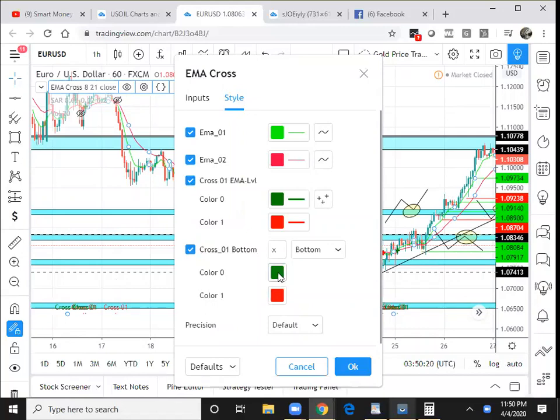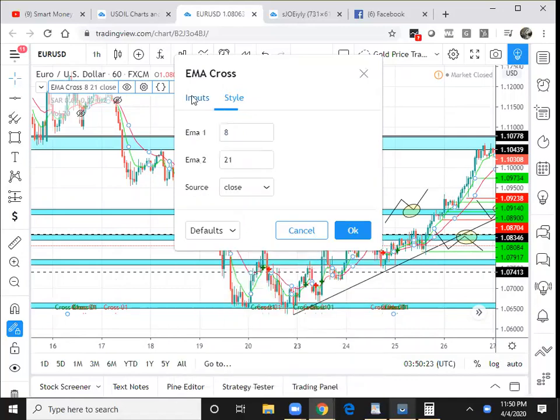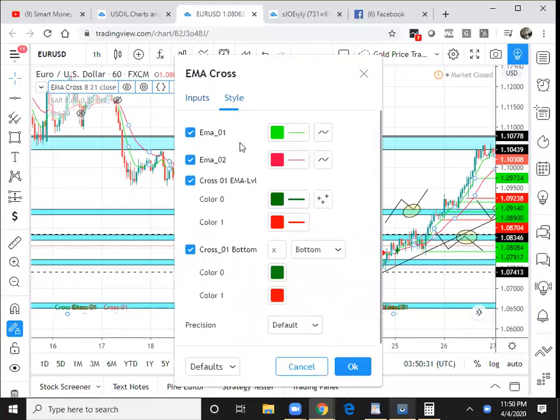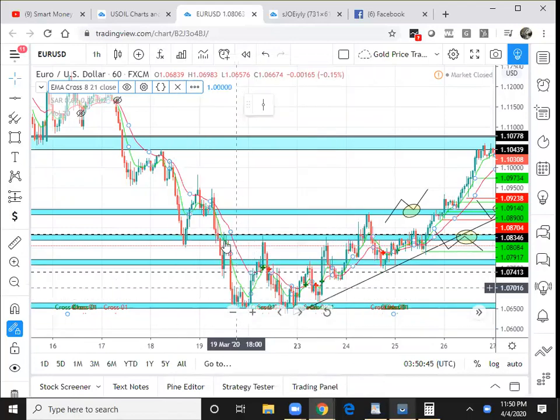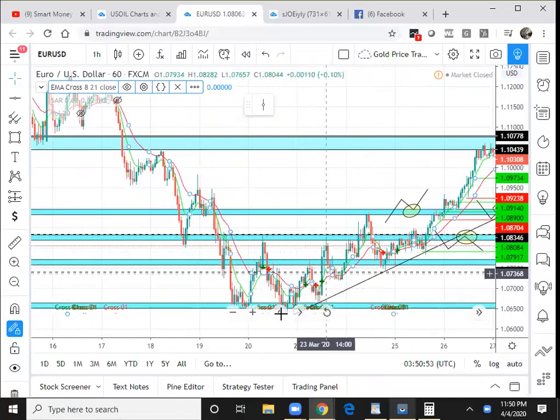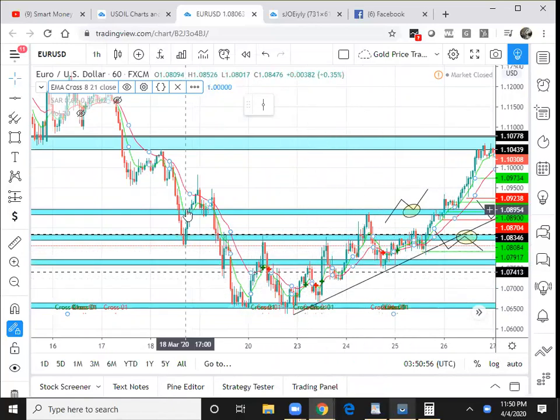All right, so EMA 1 is 8, EMA 2 is 21, right? And the color, EMA 1 is green, is 8, and the EMA 21 is red. So when the shorter term EMA is above the longer term EMA, that's where you're looking for the buy. When the crossover happens where it goes above. When the crossover happens and the red goes above the green, you're looking for a potential sell.